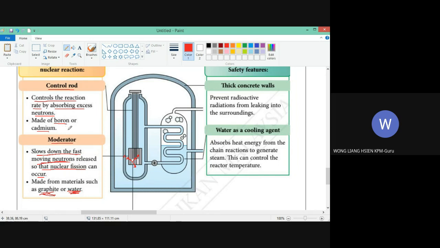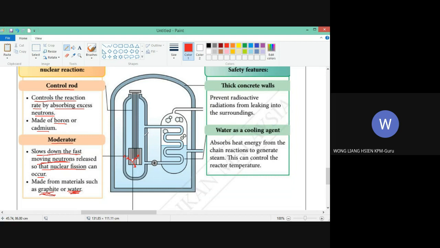Because when the neutron goes into the boron rod, the neutron will be captured by the boron, so the neutron will not be able to escape. When you insert the control rod, it will absorb the neutrons. If the neutron goes into the control rod, it will be captured by the boron inside the control rod.